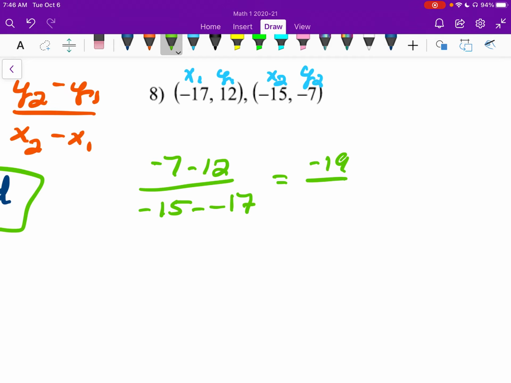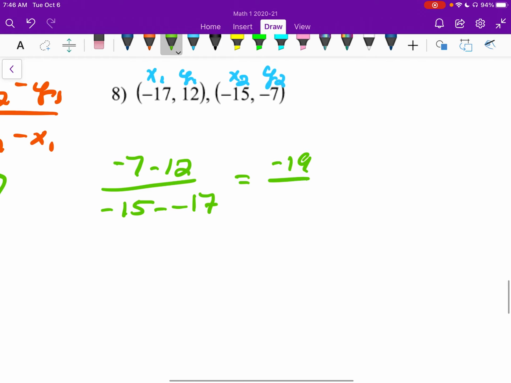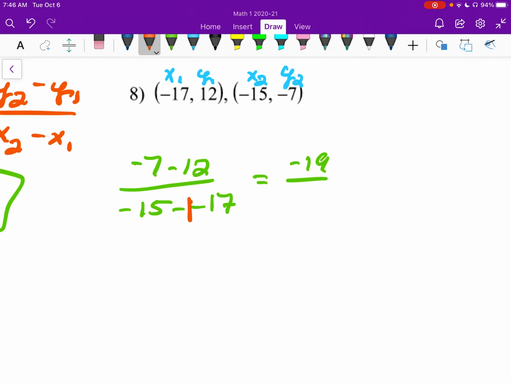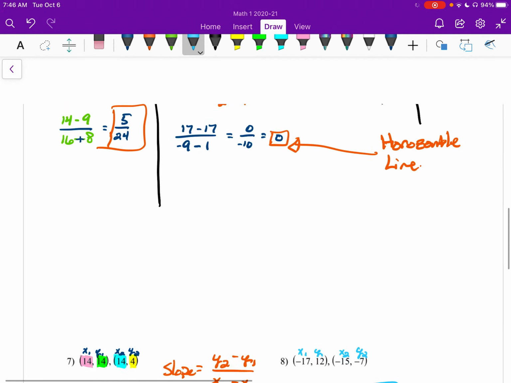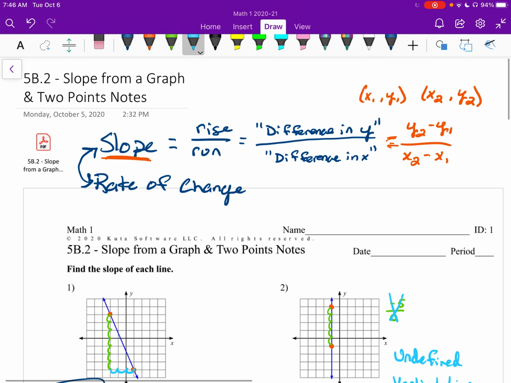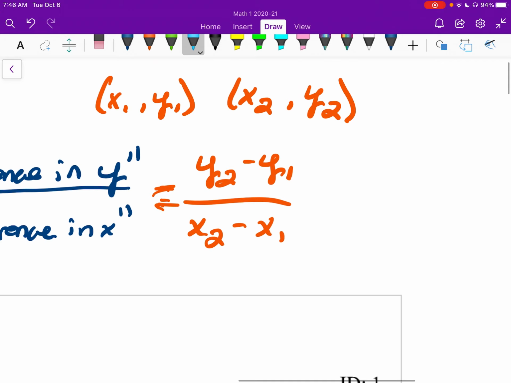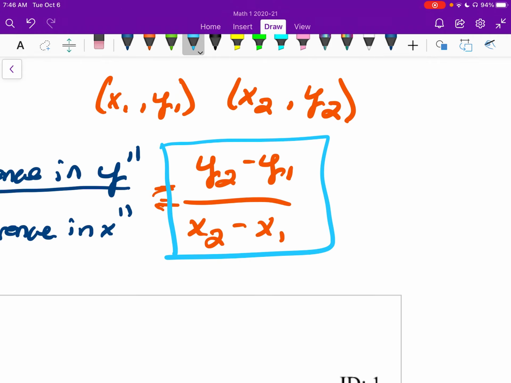Negative 15 minus negative 17, well, really we've got 2 negatives there. That's a plus. So this is going to be a positive 2. So our slope here is negative 19 over 2. And that's it. The big thing for this lesson is to try to memorize this slope formula here. If you can memorize it, all these problems will go much faster for you.